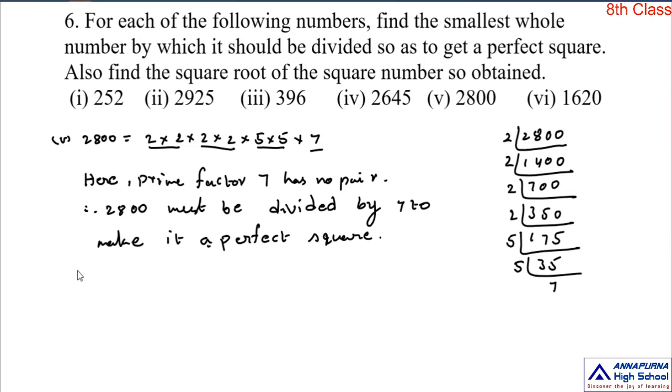Okay, and when you divide this 2800 by 7, here the quotient is 400.